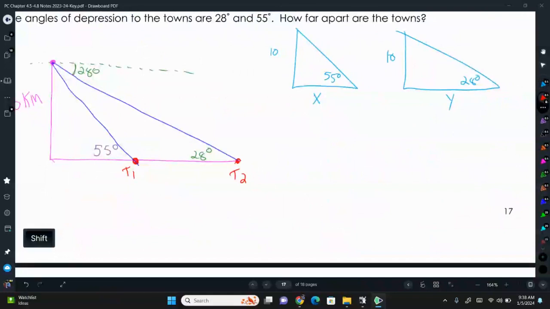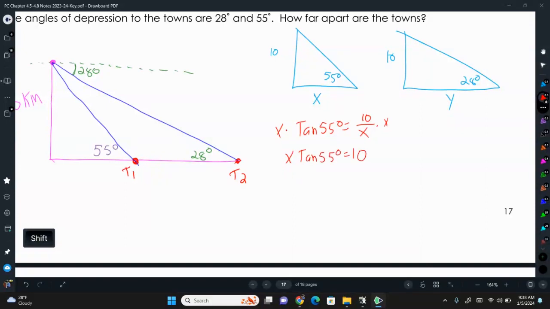So for the first distance, we get the tangent of 55 degrees equals the opposite over adjacent. So then we multiply both sides by x. So we get x times the tangent of 55 degrees equals 10.